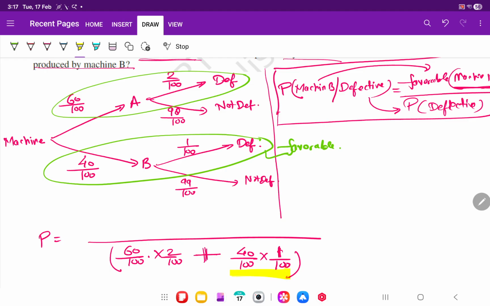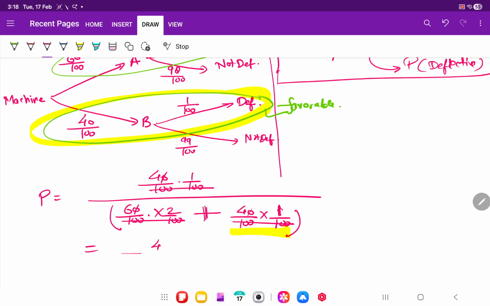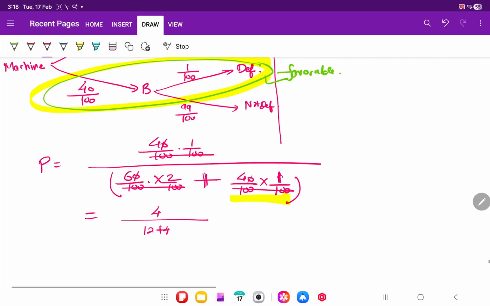This one is favorable, that it is defective and made by machine B, which is 40 by 100 into 1 by 100. 100 in denominator will cancel. Okay? And I think 10 10 10 is also cancelling. Okay? So I will get 4 by 12 plus 4, which is how much? 4 by 16. So answer is 1/4.